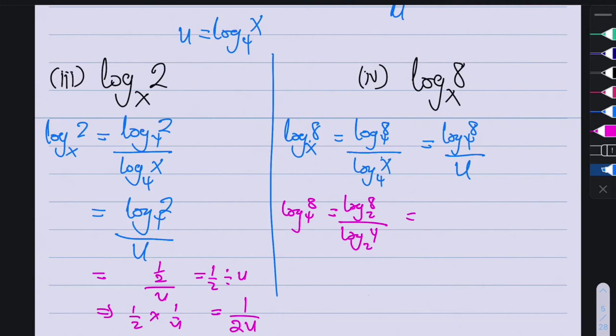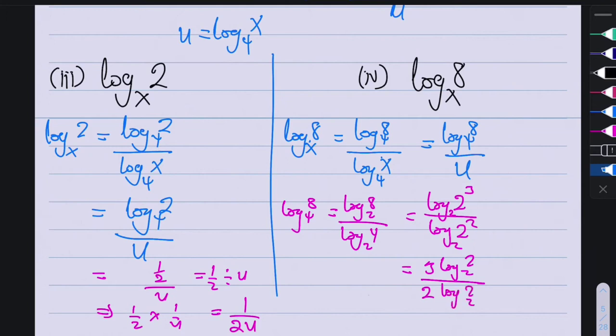Now 8 is 2 cubed, right? So 2 to the power 3, base 2, then 4 is also 2 squared. So now this is going to give me 3 log 2 base 2 over 2 log 2 base 2. Now these will cancel out, so your answer is 3 over 2, okay?